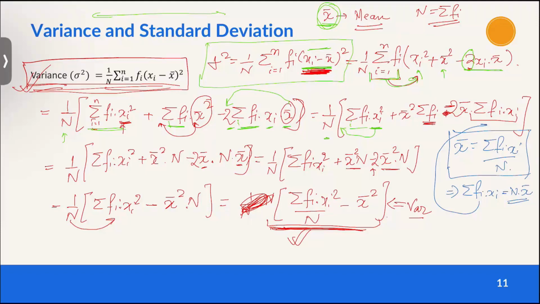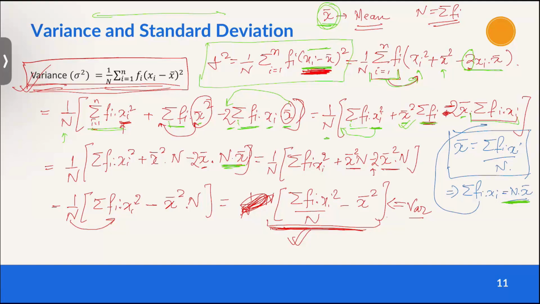If the sum is over i, you cannot take xi outside the sum. But you can take x bar outside because x bar is not dependent upon i. So it was x bar squared, we have taken it outside, and here it was x bar. Now this, you can write as n times x bar. So we have written it as n times x bar.